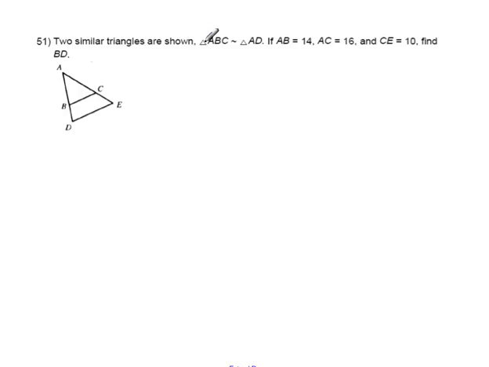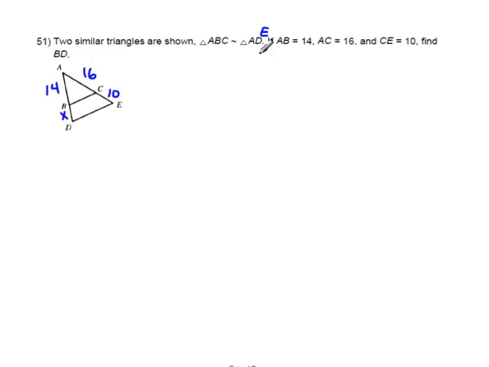It should be triangle ABC is similar to triangle ADE. Okay, so the first thing I would do is fill in the information they gave me. They said AB was 14, AC was 16, CE is 10, find BD.